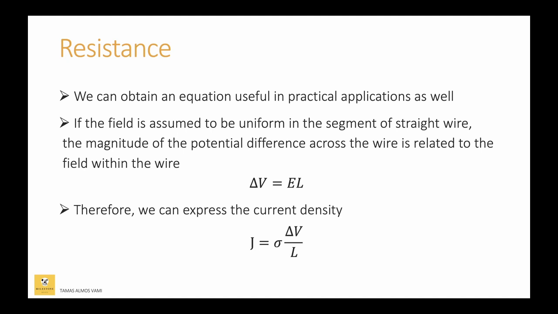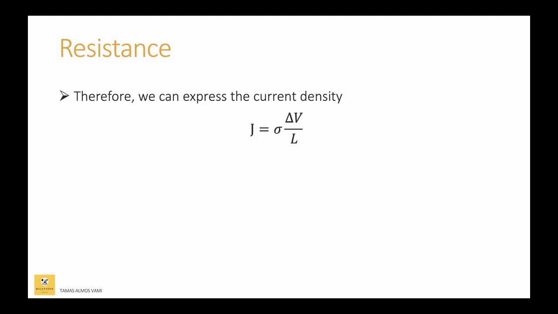So if I express E from this, I divide by the L, then I can put this into the original Ohm's law, where J equals sigma times the electric field, from which we modify to the potential difference divided by the length. So we can say that we introduced J as the current density, which was the current divided by the surface.